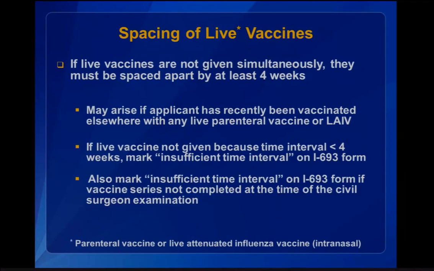That's because we didn't want people waiting months or a year or so on completing a vaccine series before they could be cleared by you to get their green card. But you could then mark insufficient time interval if the vaccine series isn't completed.